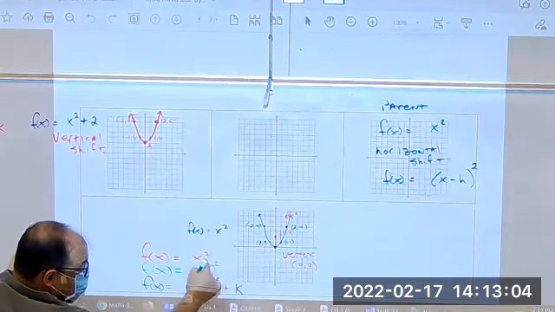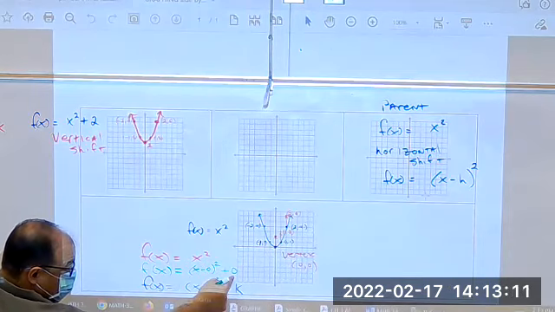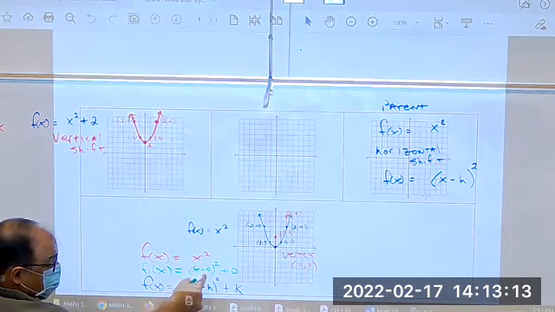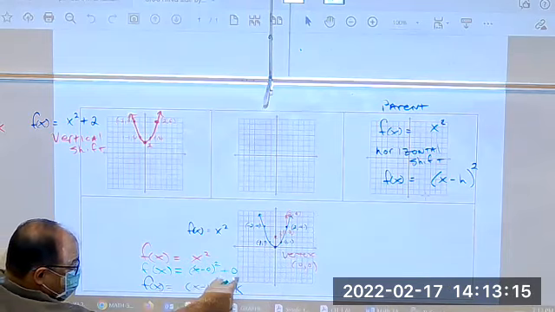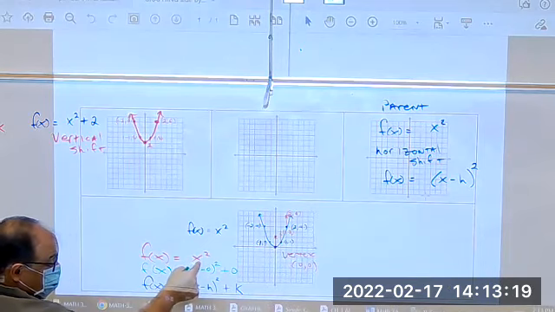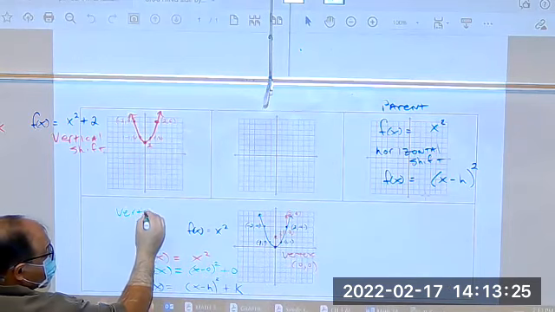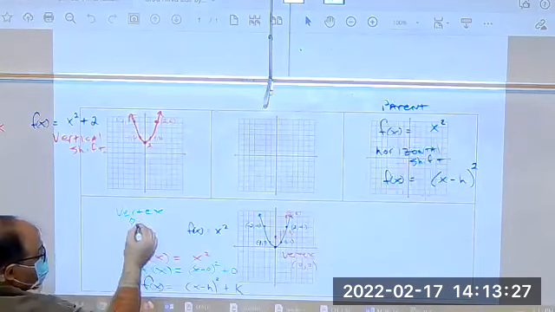And since there's nothing added after that, we would have added a 0 for the k. So x minus 0 squared is x squared, and then plus 0 is just x squared. So if you just have the plain old x squared, the parent graph, h and k are both 0, so the vertex, sure enough, is at 0, 0.